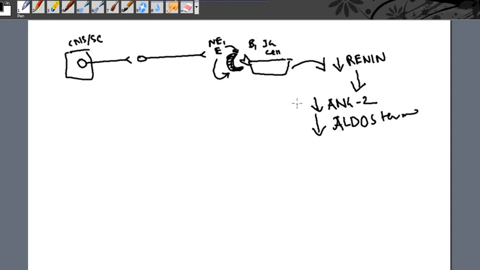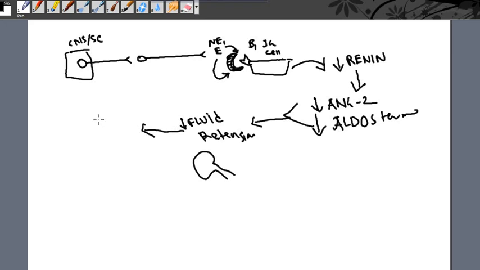And when there is decreased angiotensin 2 and aldosterone, less fluid is retained by the kidney, so fluid retention will be down. And when kidney retains less fluid, there is decreased blood pressure. So these are three very important mechanisms.